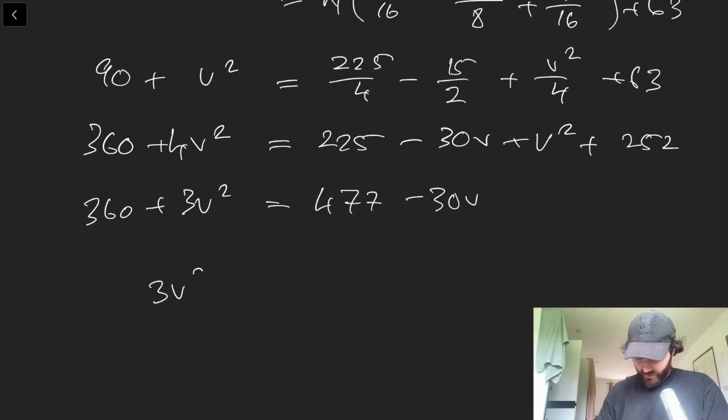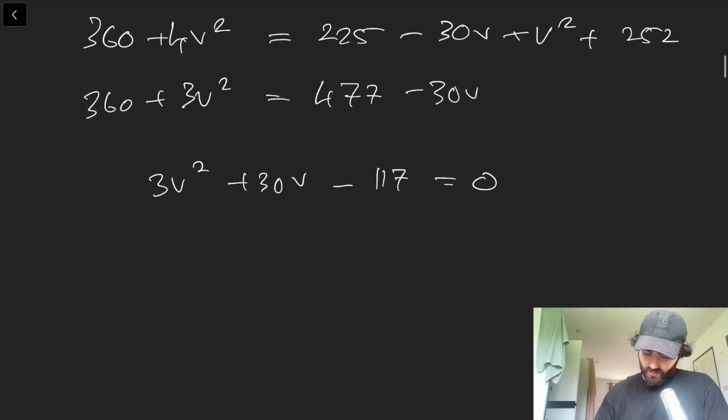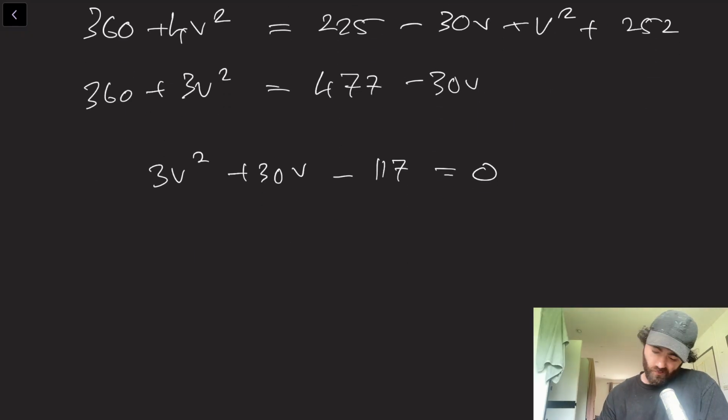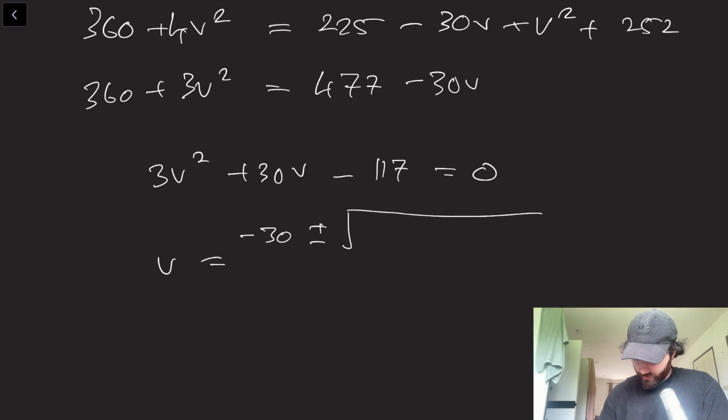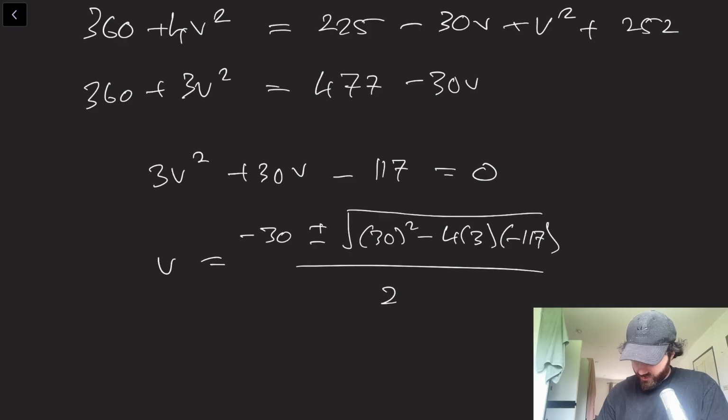Therefore, we get 3v squared plus 30v, 360 minus 477, minus 117. All right, and then I guess just minus b plus or minus the square root of b squared, 30 squared minus 4 times 3 times minus 117, over 2 times 3.